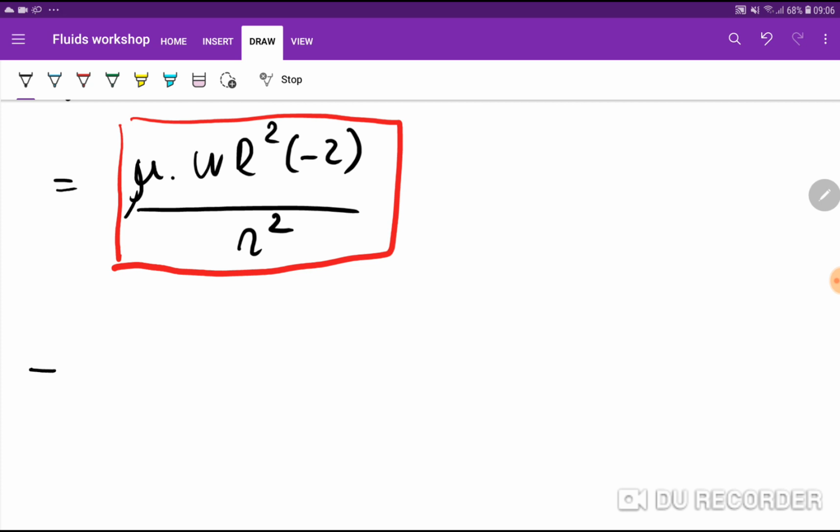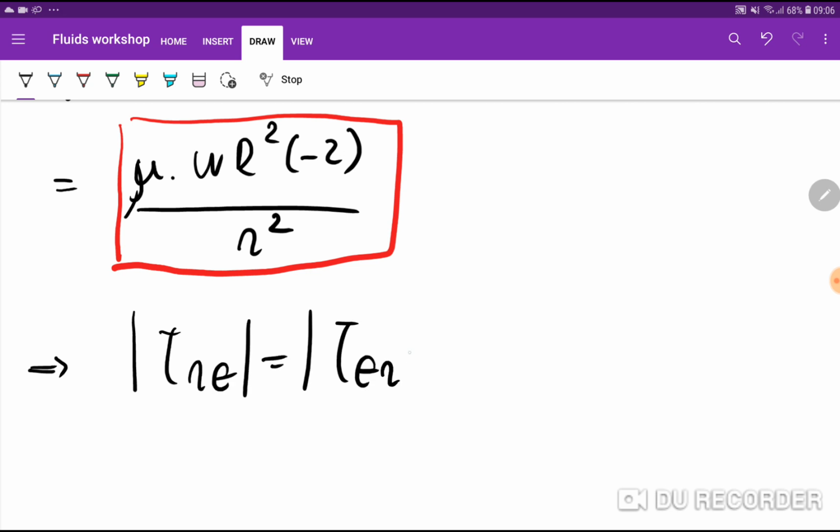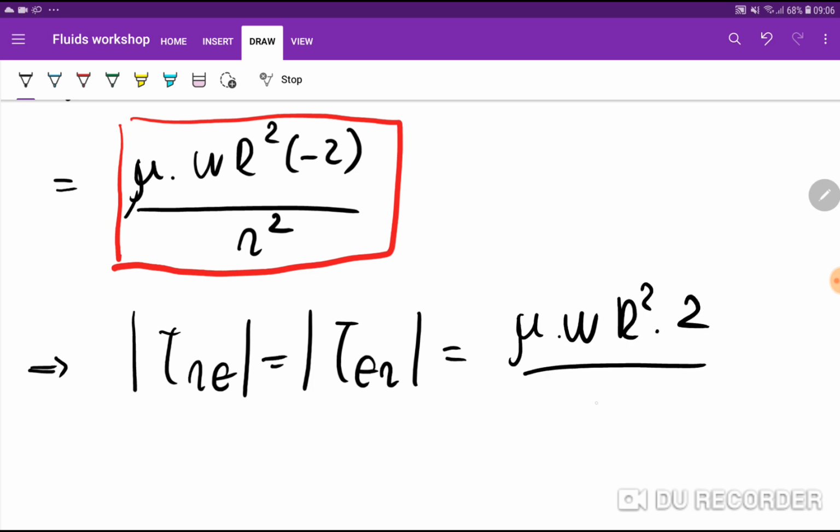So you take the absolute value. So the absolute value of tau r theta is equal to the absolute value of tau theta r, and negative 2 becomes plus 2. So you come to mu times omega r squared times 2 over small r squared. Okay, this is the stress component.